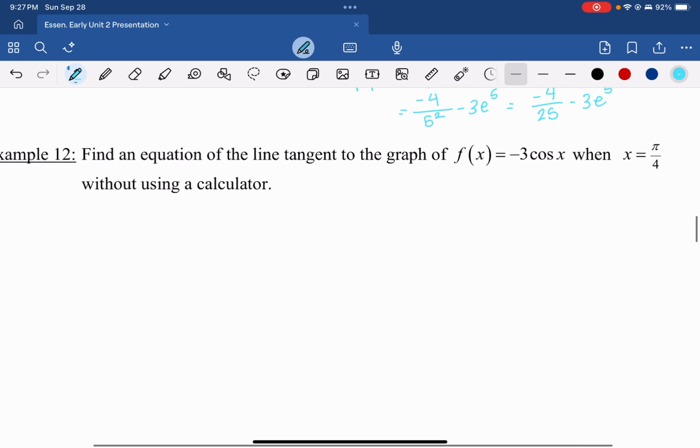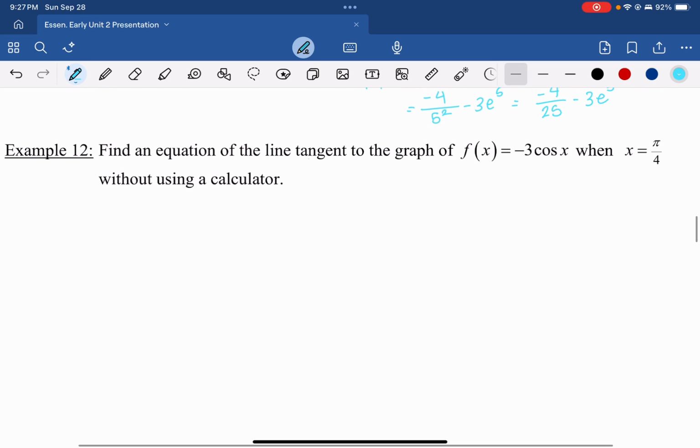Okay, last example here. Find an equation of the tangent line to the graph of f of x equals negative 3 cosine x when x equals pi fourths. Okay, so right, anytime we see equation of the tangent line, we know we need to first find our derivative. Second, we need our slope. So in this case, f prime at pi fourths.